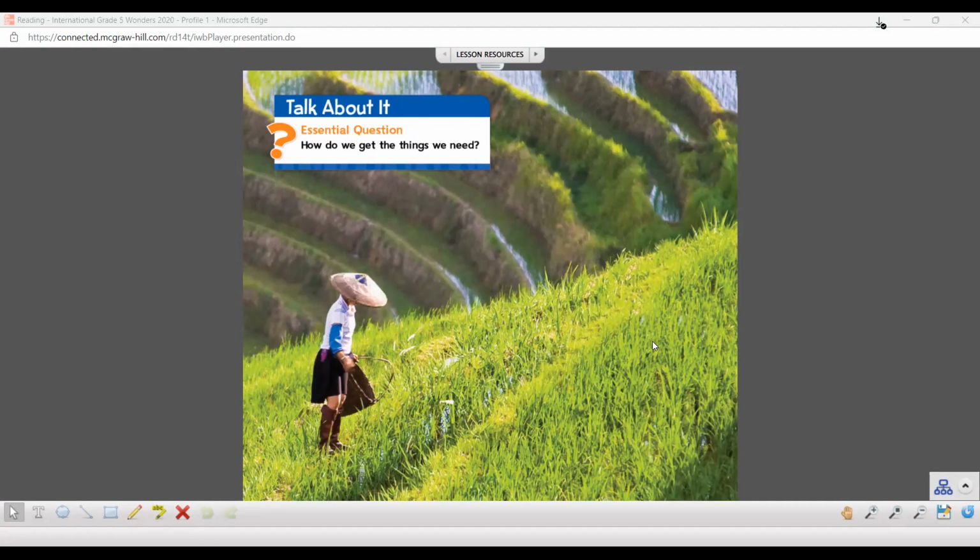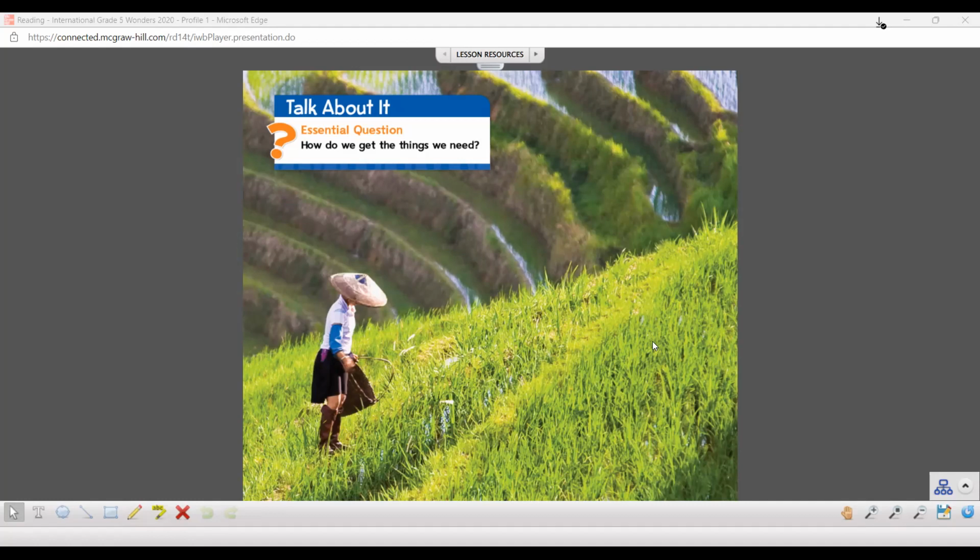As you can see, this woman is collecting rice. It seems that she needs rice as a part of her food, so she's in need. That's why she's harvesting rice. In order to meet our needs, some people have savings, or they keep aside money and supplies for times when resources are scarce or hard to find.